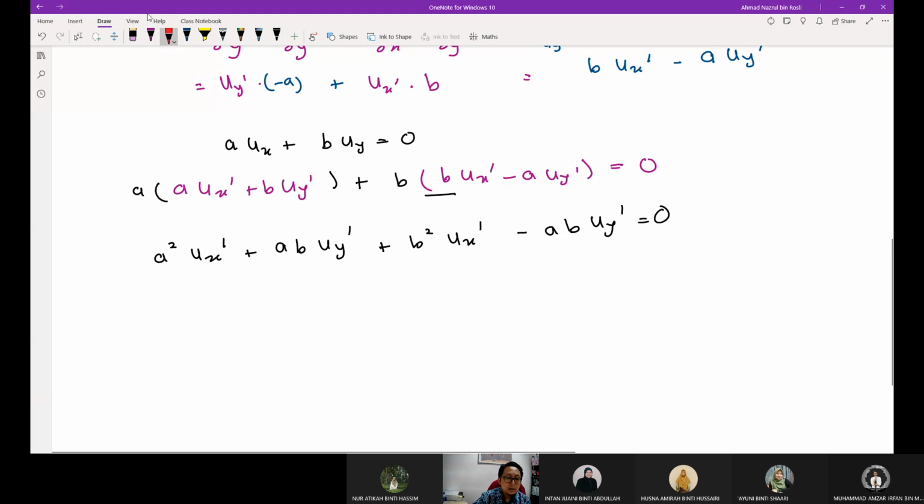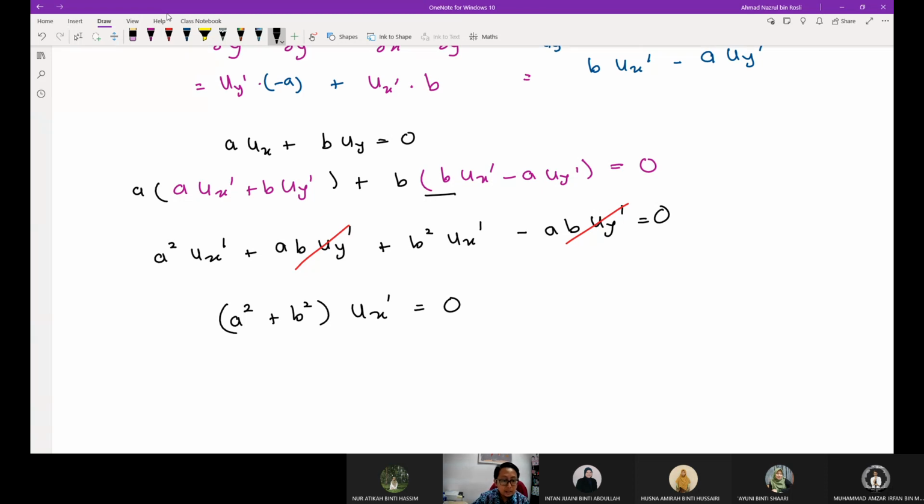You can check here ab u y prime minus ab u y prime is zero. So you have here a square plus b square times u x prime equal to 0.